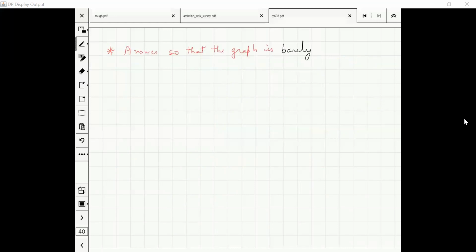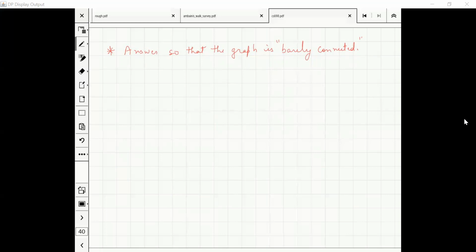I have not described what I mean by barely connected, but I will do it in an instant. But this is the intuition, that somehow it is barely connected, and in the end, I will probably just change the edge to 0 or 1, and then the graph will remain connected or become disconnected. This is the same intuition which Udit had.